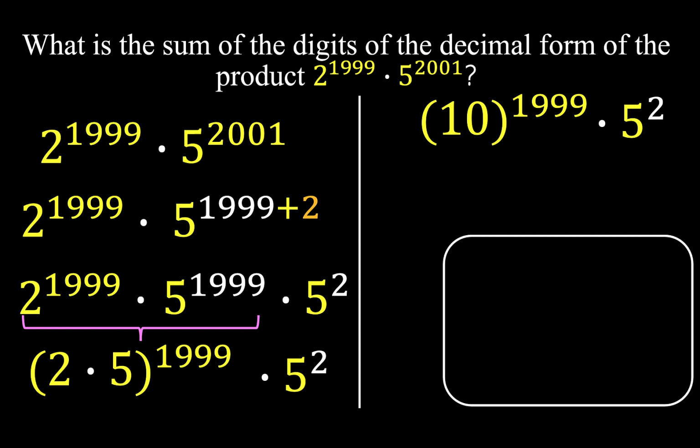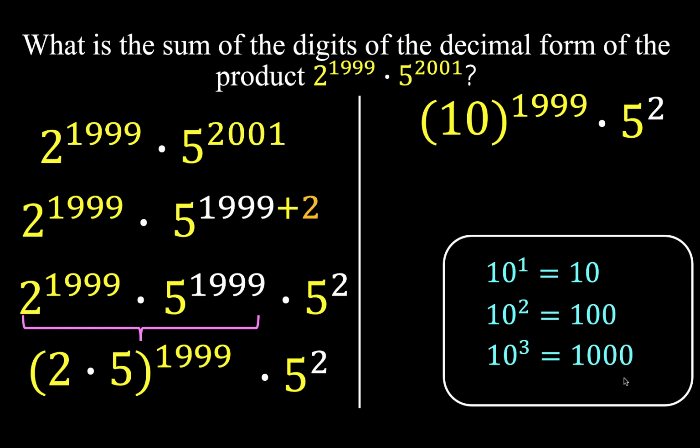Now let's observe the pattern. If we have 10 raised to the first, that is equal to 10, 10 squared is equal to 100, 10 cubed is equal to 1000. What do we notice? If the exponent is 1, there is 1 zero. If the exponent is 2, there are 2 zeros. If the exponent is 3, there are 3 zeros. So here, we have the same base 10, and the exponent is 1999.